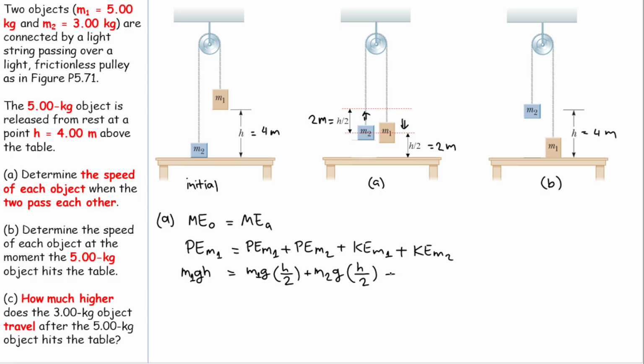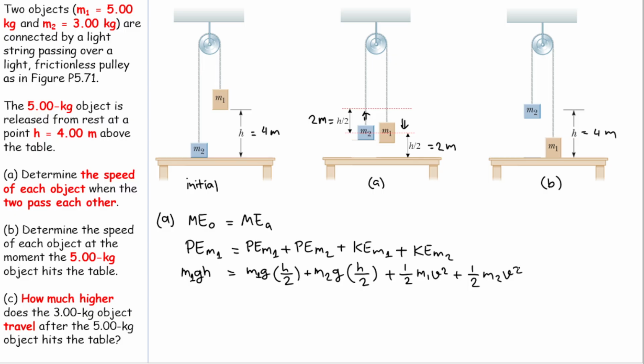And then kinetic energy of M1: 1/2 M1, and because they are moving together, the speed will be the same, so I just use v, v squared, plus kinetic energy of M2, 1/2 M2 v squared.